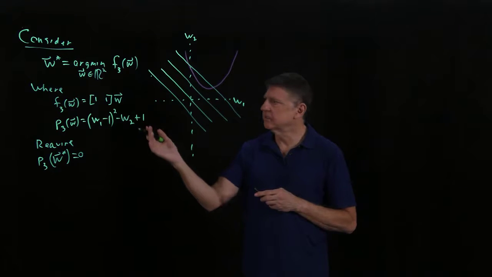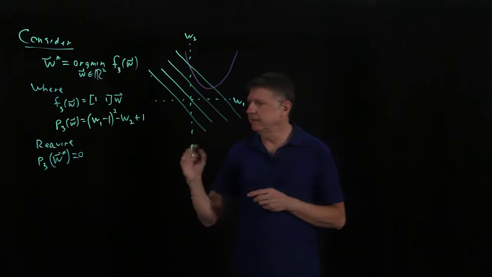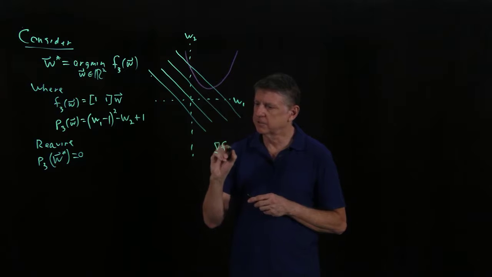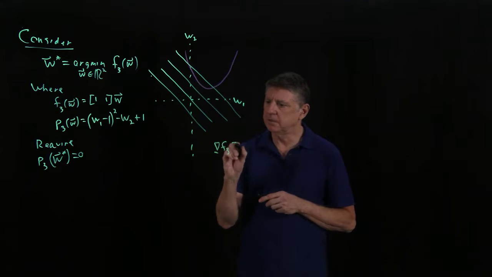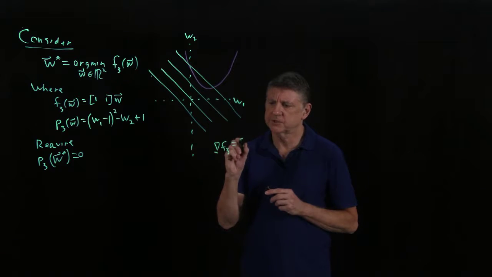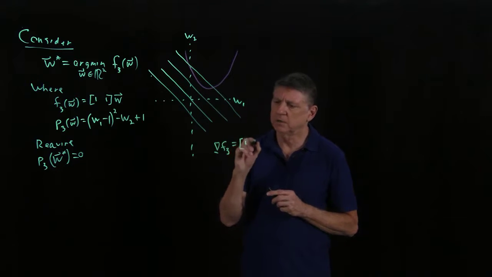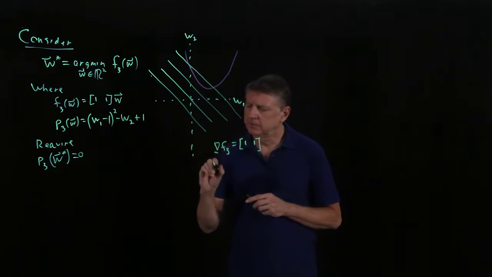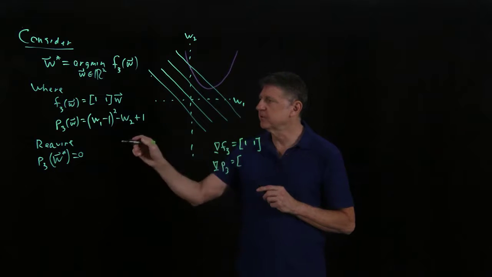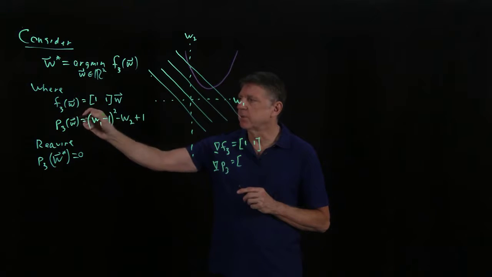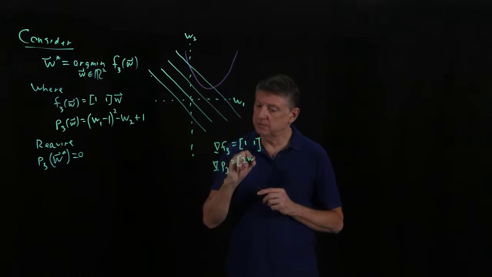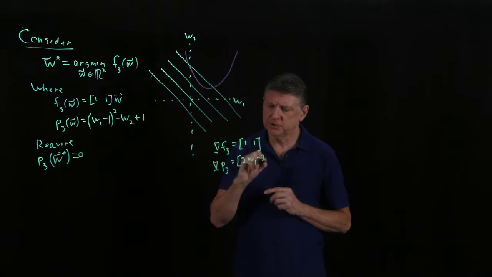So as before, let's compute the gradients. Here, the gradient of function 3 will just be, you remember how to find the gradient of a linear form, right? That's just the one form, so that'll just be 1, 1. And then the gradient of the property will be, the first entry is the derivative of the property with respect to W1. So that will be 2 times W1 minus 2.